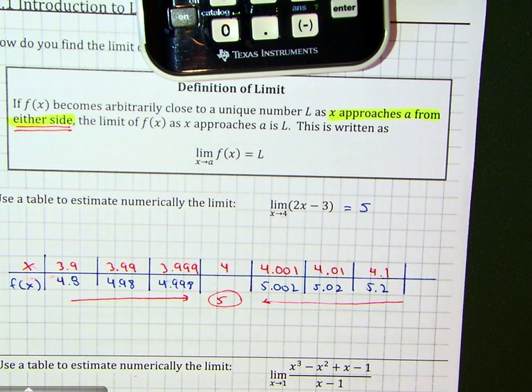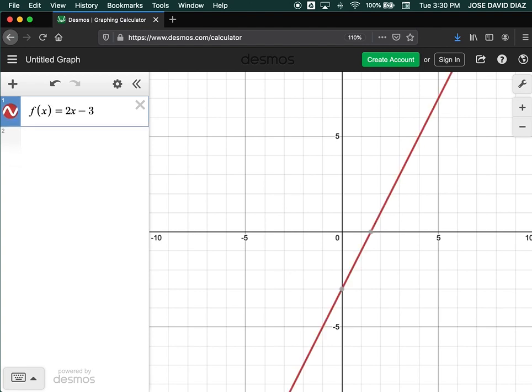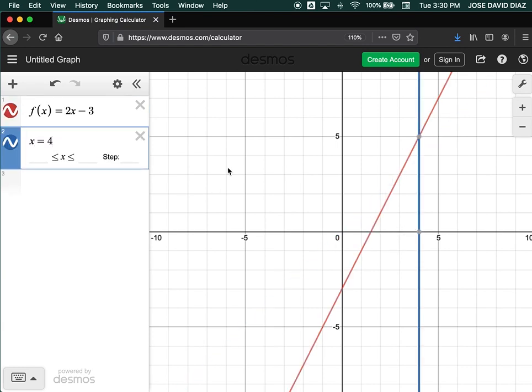Now if we actually take the time to graph it, let's go and graph this on Desmos. We have 2x minus 3, and this will be f of x equals. And I want to find out what happens to the graph as x gets closer and closer to 4. So let me place a vertical line at x equal to 4.